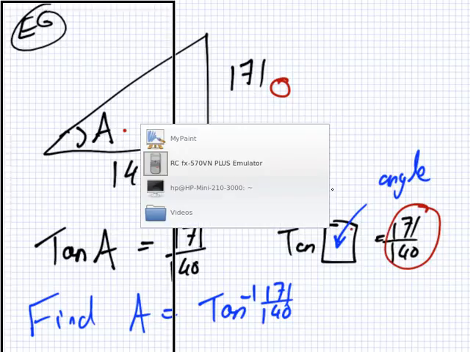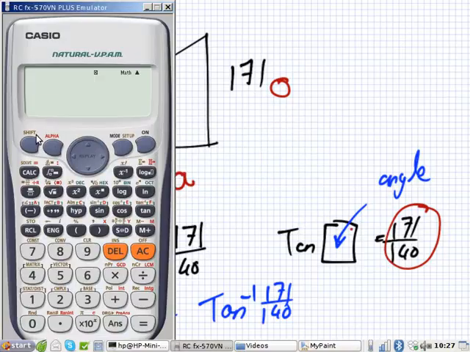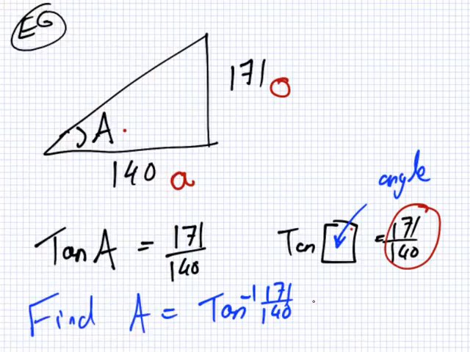This is on your calculator. It's shift tan 171 over 140, and in degrees that's 51 degrees about. Is the answer here.